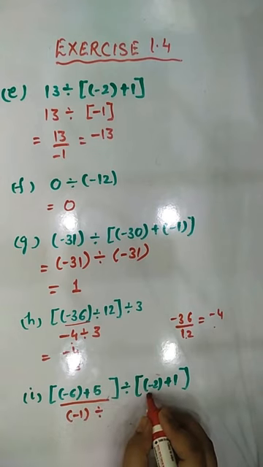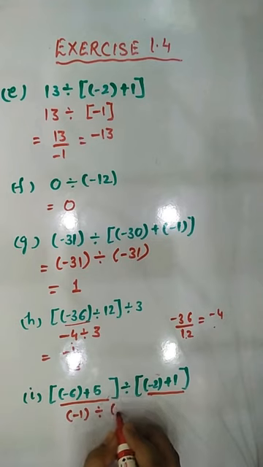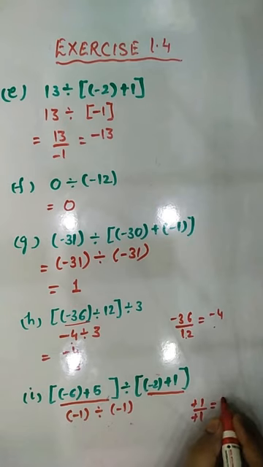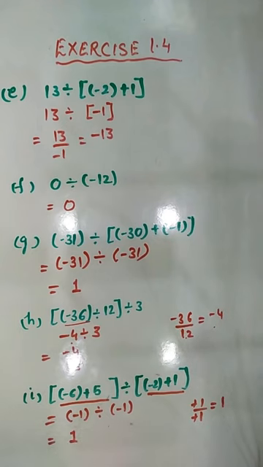Divided by, and if we solve this bracket, minus 2 plus 1 will be how much? Again minus 1. So minus 1 divided by minus 1, minus minus will cancel, the answer will be plus 1. I hope you all have understood this much. Note this down in your copy.